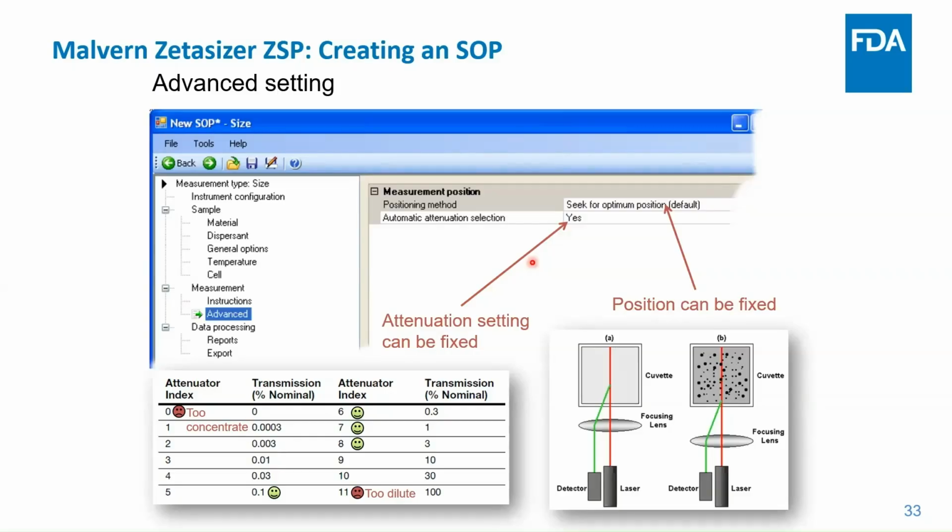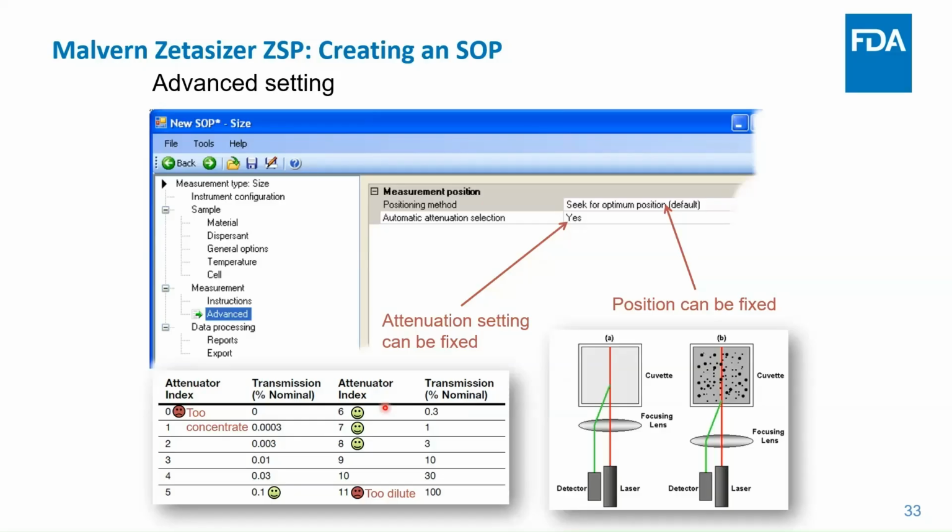So those two things are to keep the detector from getting oversaturated, because it works at a certain range where the number of photons hitting it is within a certain voltage difference. And so if you have things set on automatic and you are running a bunch of samples and you want to compare two samples and there seems to be something weird going on, oftentimes, especially when it has to do with concentration, you can always see it in, is the attenuator index different between the samples, and are the measurement positions different between the samples?